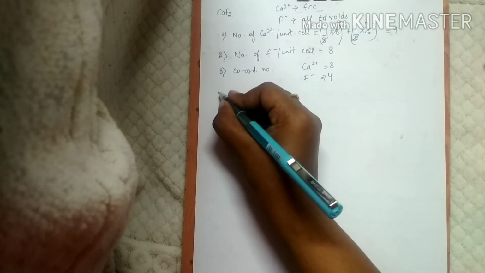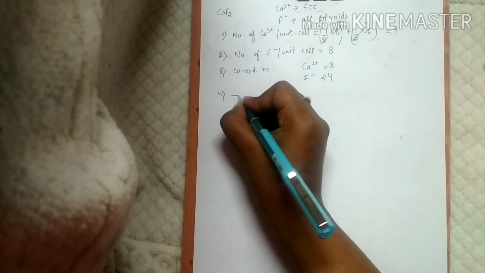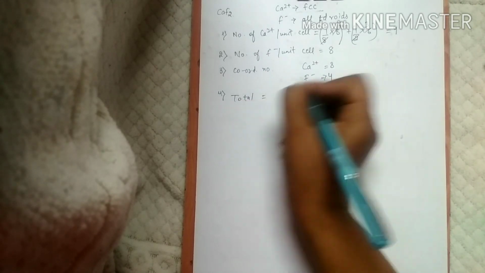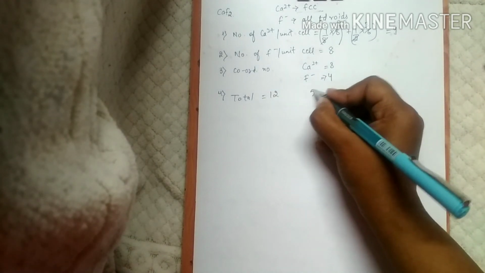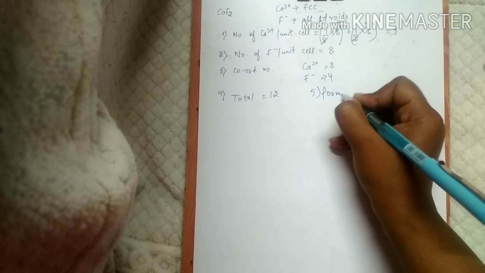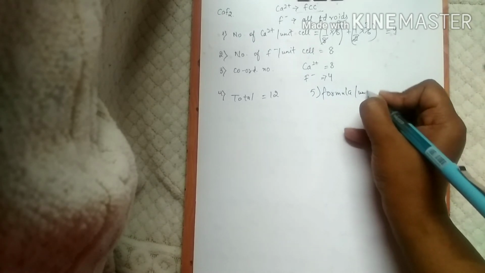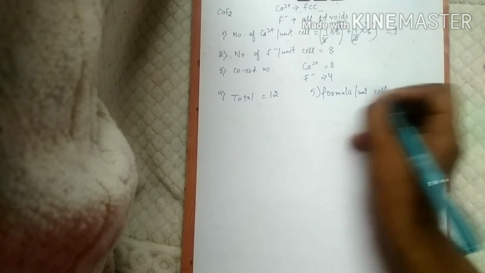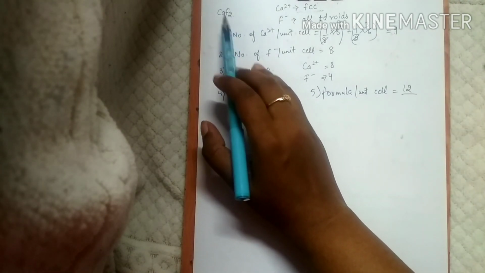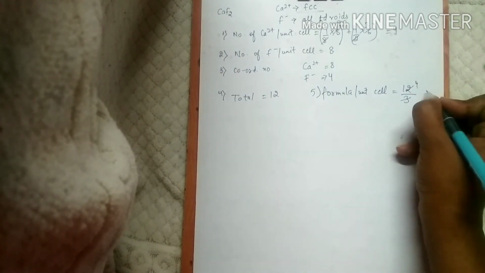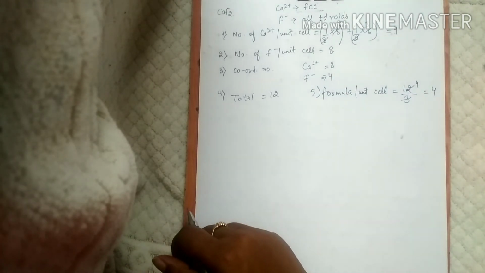So fourth is the total number of atoms per unit cell, that will be equal to 8 plus 4, that is 12. Fifth is your formula per unit cell, that will be equal to total 12 divided by atoms in the formula, 2 plus 1 is 3, 3 fours are 12, so it is 4.